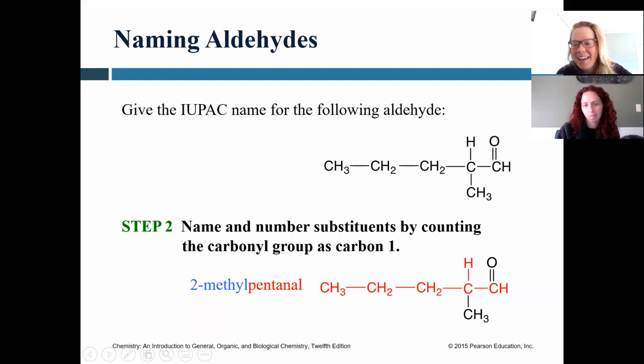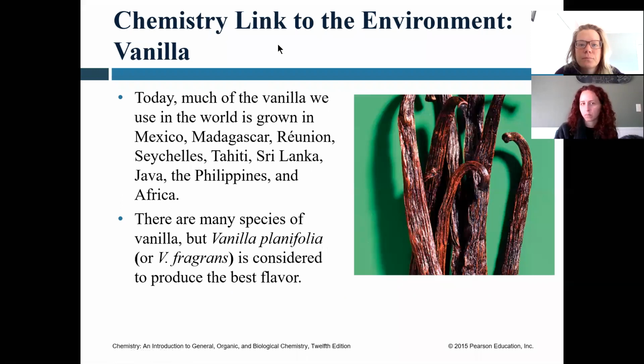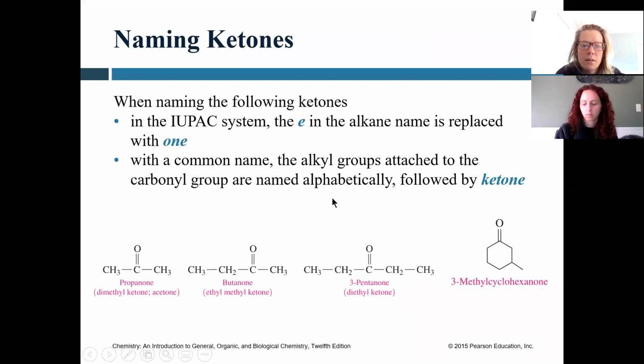Just another thing to add to the list, right? So you want to be on the lookout for when you start seeing that double bond to an oxygen on a carbon, that is going to be either an aldehyde or a ketone. Okay, I'll blow through this. So let's name ketones. When naming a ketone in the IUPAC system, you take the E and you replace it with ONE, like the ending of ketone.